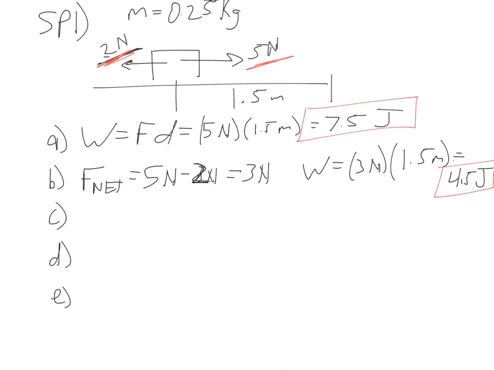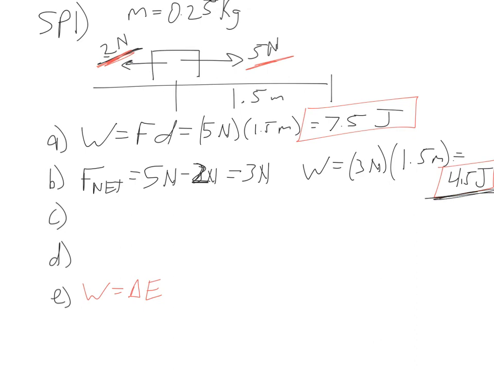Which brings us to letter E. If the block started from rest, from velocity equals 0 initially, what is the kinetic energy and the velocity at the end of the 1.5 meters of motion? So what do we know? We know that work done equals the change in energy, and we know that in order to find how much the kinetic energy has changed, we're going to use the net force.